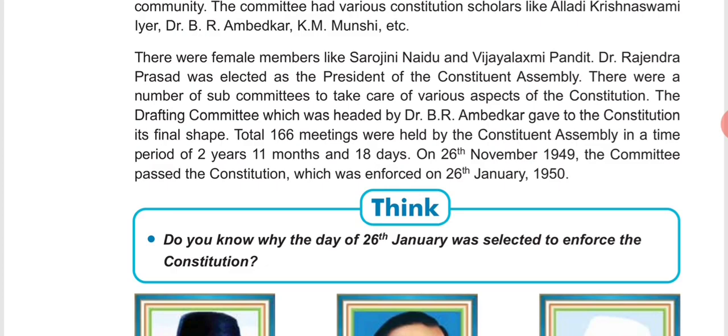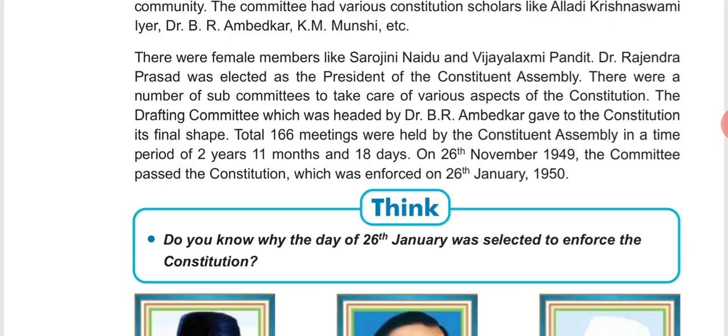There were a number of subcommittees to take care of various aspects of the constitution. As we know, in law there are different fields. There are many different kinds of laws in our country, like domestic laws, international laws, laws for the common people, laws for the criminals, laws for business, commerce, and many other laws.